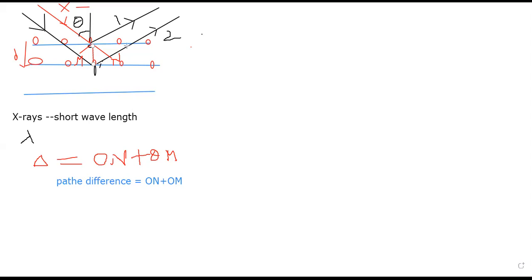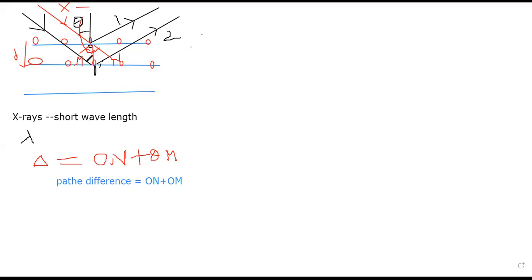And here we have this angle theta, and this is also theta here.